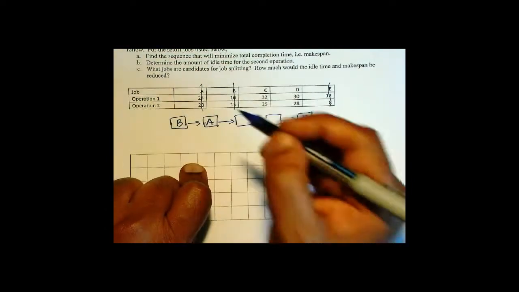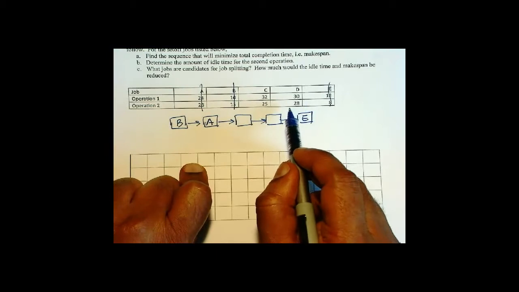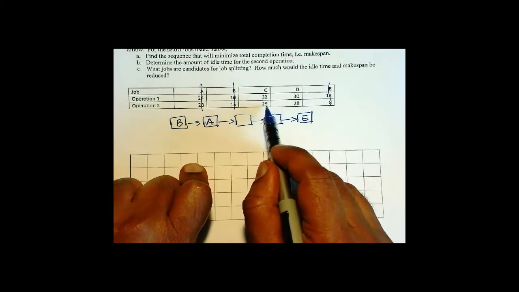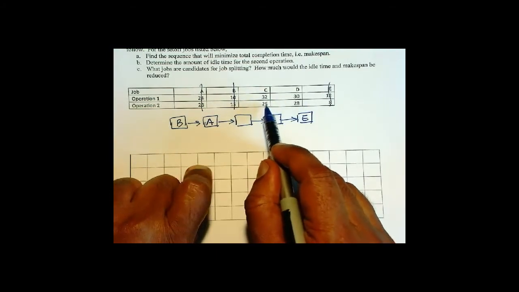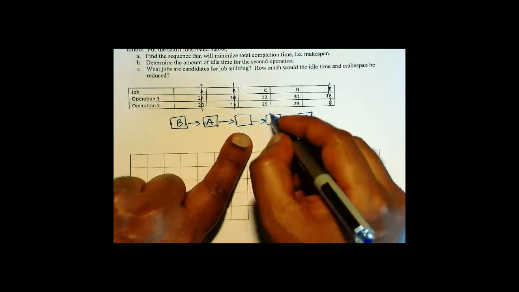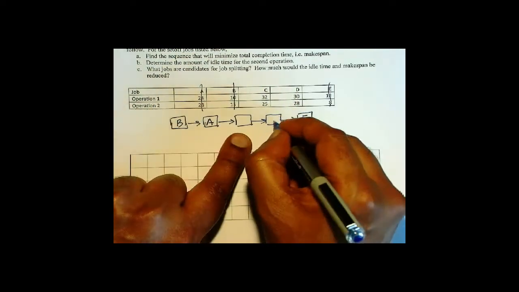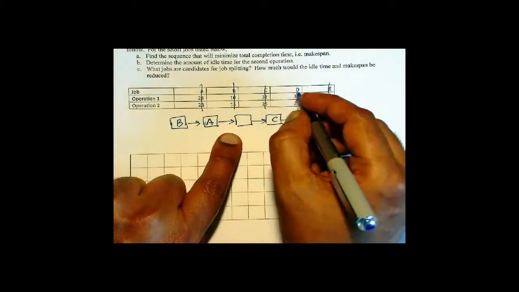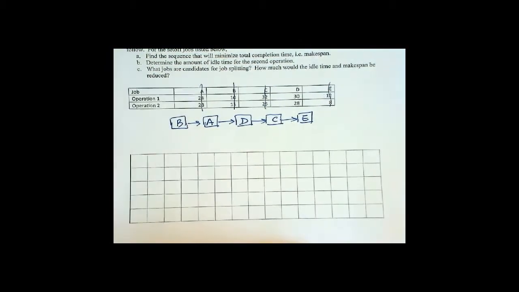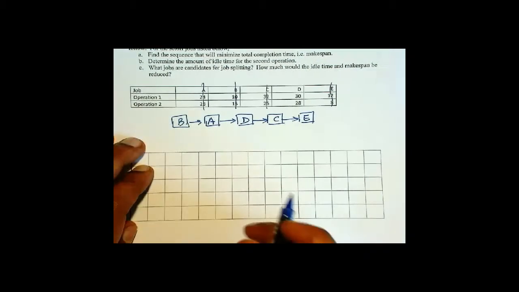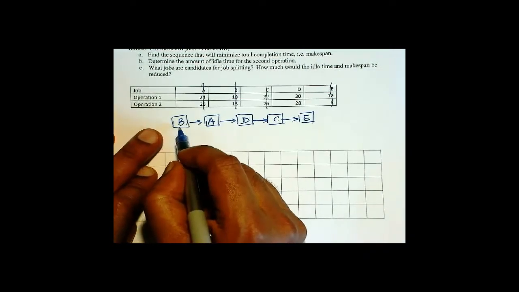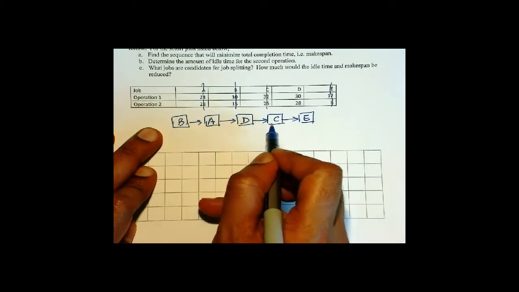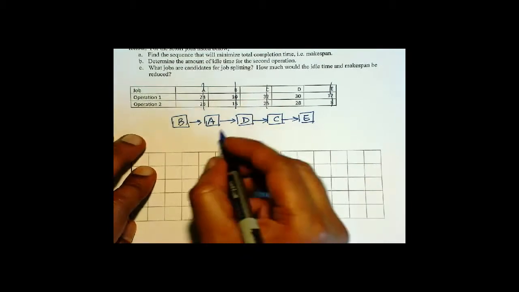Now A is done, and from the remaining, the smallest is 25. So select C, and that is for the second operation, so schedule it over there. Now C is done, so all that remains is D. So this is our schedule. The first job is B, then A, then D, then C, and then E.